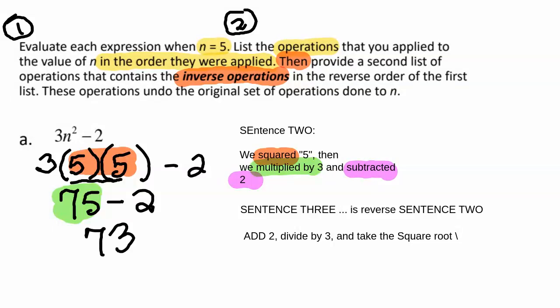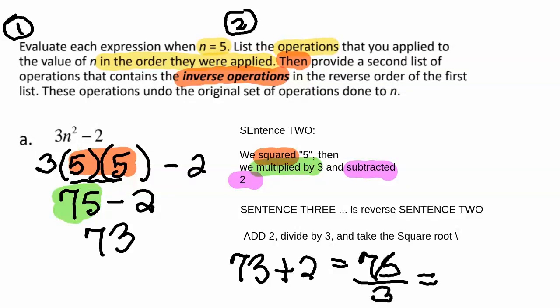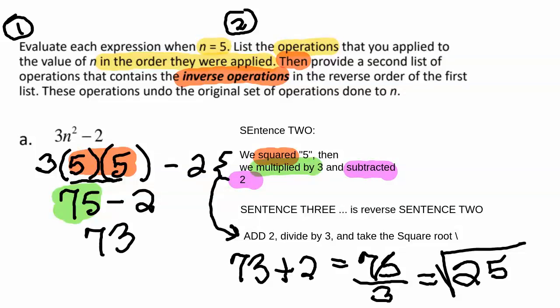If I take my answer, and my answer is 73, okay, I'm going to add 2. That gives me 75. And then I'm going to divide by 3, which gives me 25. And then I'm taking the root. This goes backwards. I'm reversing.